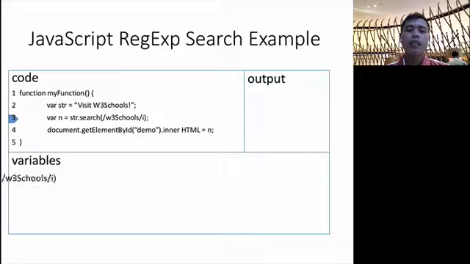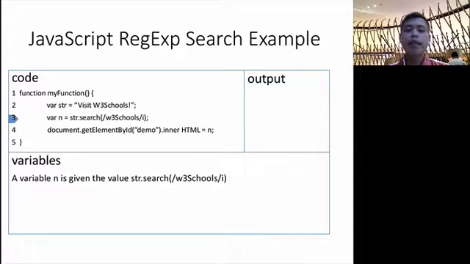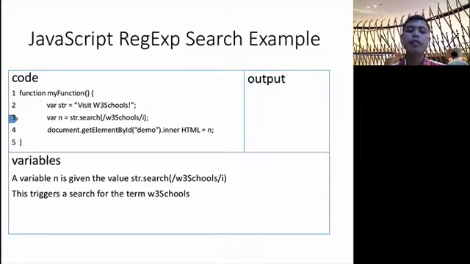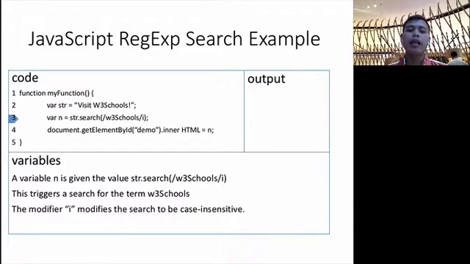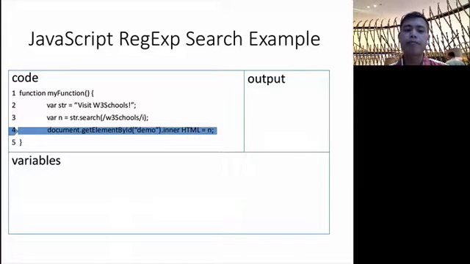On line 3, a variable n is given the value str.search, which refers to the first variable, and the regular expression is indicated as /w3schools/i. This triggers a search for the word W3Schools, and the modifier i modifies the search to be case insensitive.